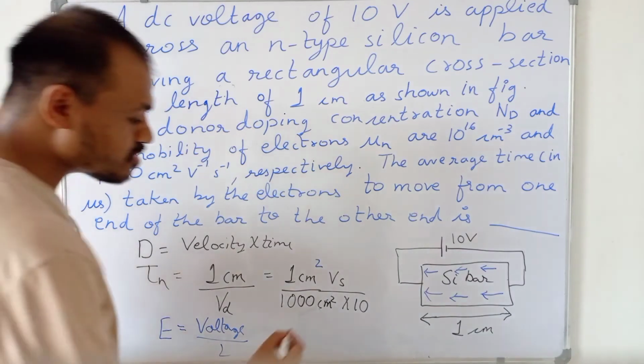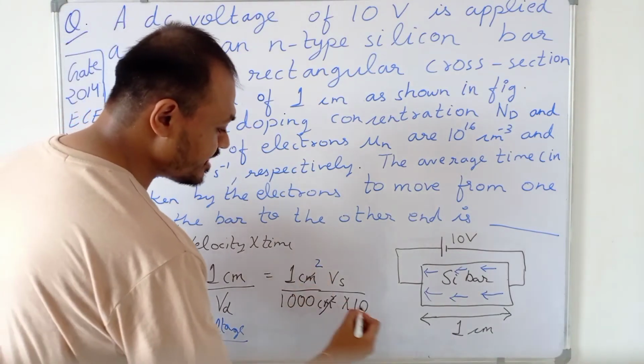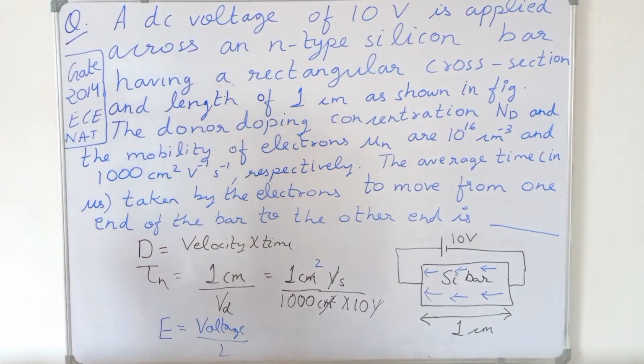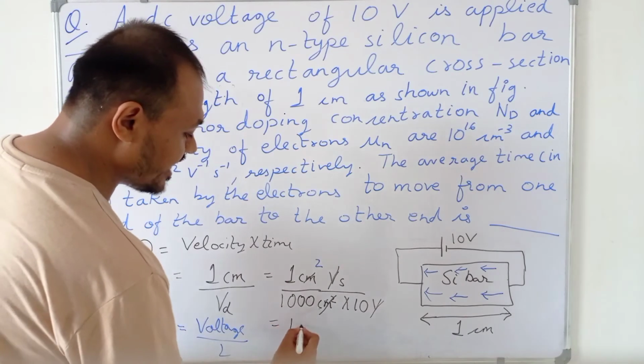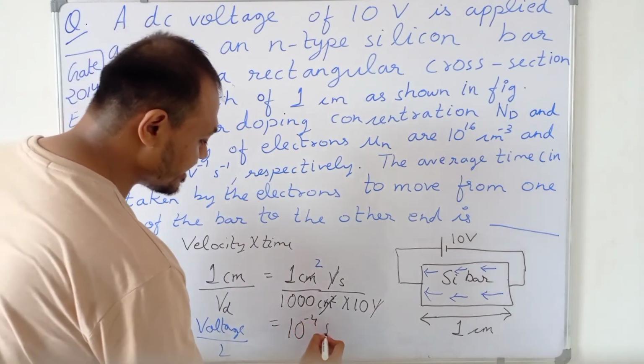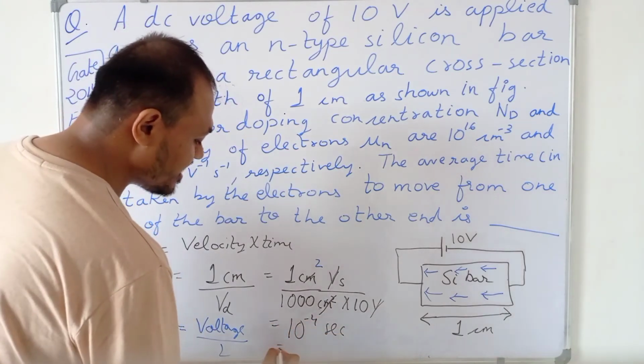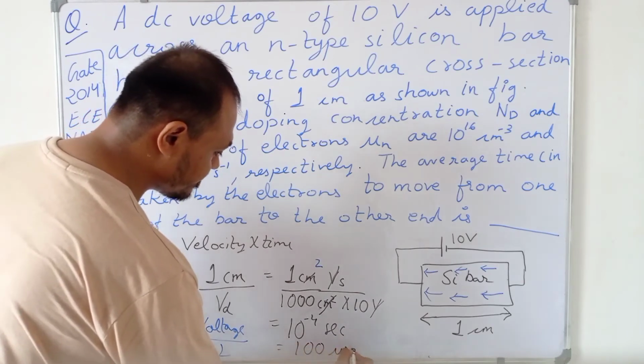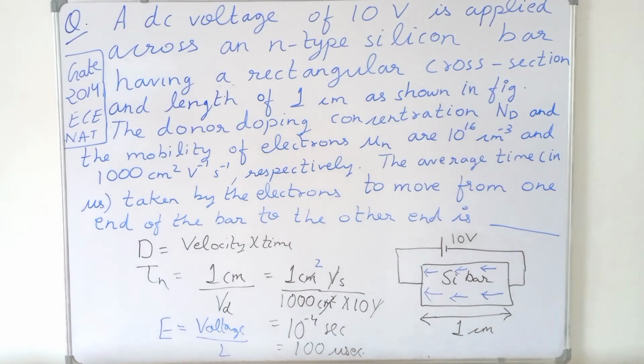So centimeter square and centimeter square will cancel. This is volt, so volt and volt will get cancelled. So we have a second remaining. So this will be equal to 10 to the power minus 4 second, or we can say 100 microsecond, because we have to find the answer in microsecond. So the answer is 100 microsecond.